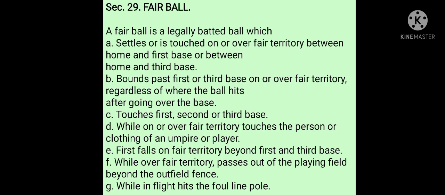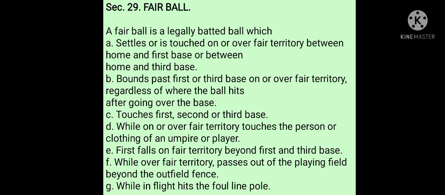Section 29. Fair ball. A fair ball is a legally batted ball which A. settles or is touched on or over fair territory between home and first base or between home and third base. B. Bounces past first or third base on or over fair territory, regardless of where the ball lands after going over the base. C. Touches the first, second, or third base.